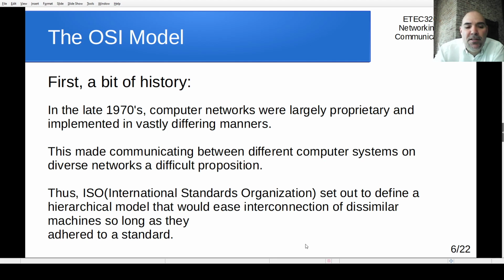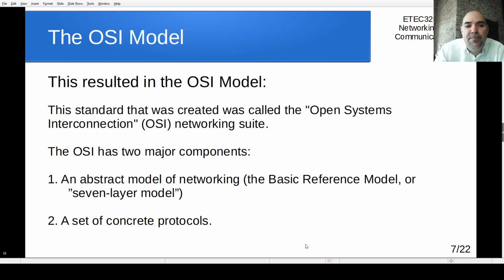And so the ISO model isn't really itself a standard for protocols or a protocol itself. It's a conceptual way of organizing things that makes it much easier to then connect them together. All right, so that is where the OSI model came from. And the Open Systems Interconnection model had two major components to it.